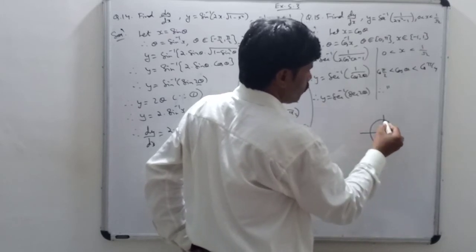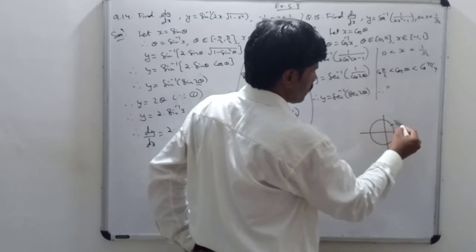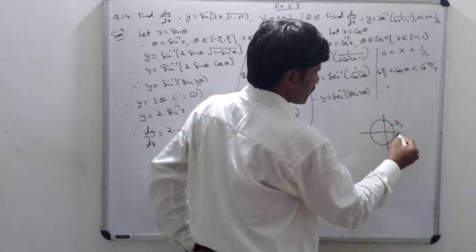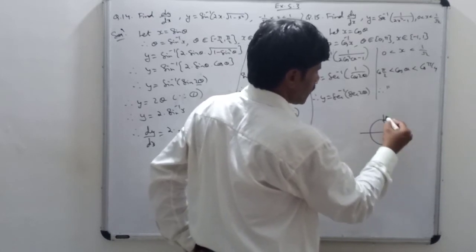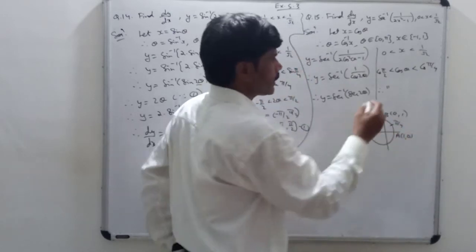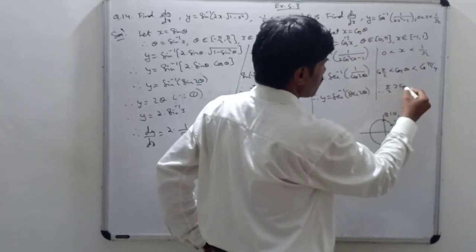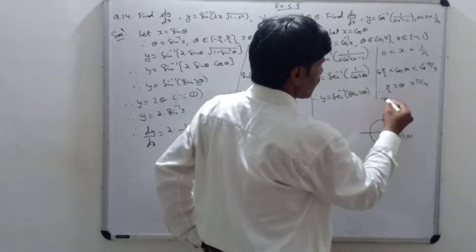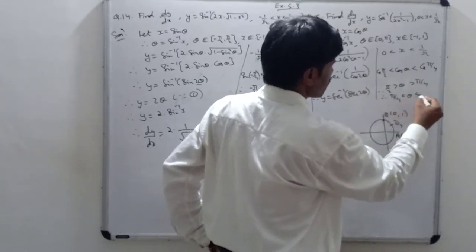Here it is A (1, 0) and here it is B (0, 1). So 1 to 0 it is decreasing. So therefore pi by 2 is greater than theta is greater than pi by 4. So I can write pi by 4 is less than theta is less than pi by 2.